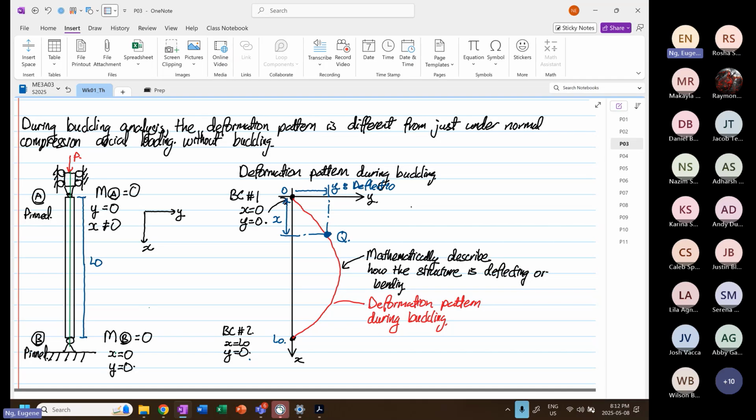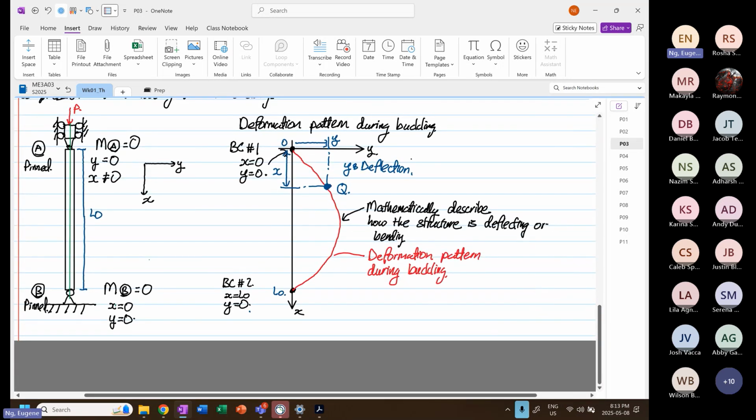Oh, sorry. Should not write over the text. Okay, so the y over here is the deflection. Okay. So this is the deformation pattern.